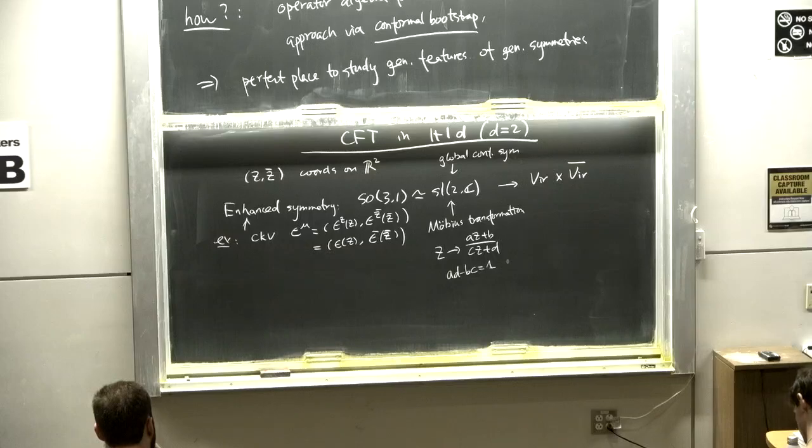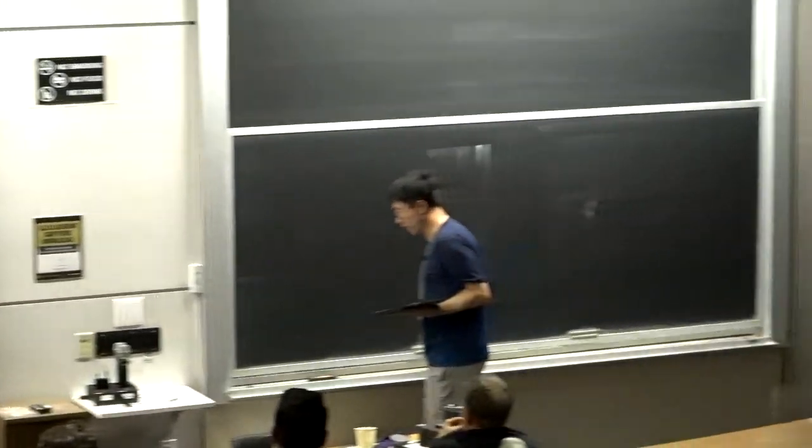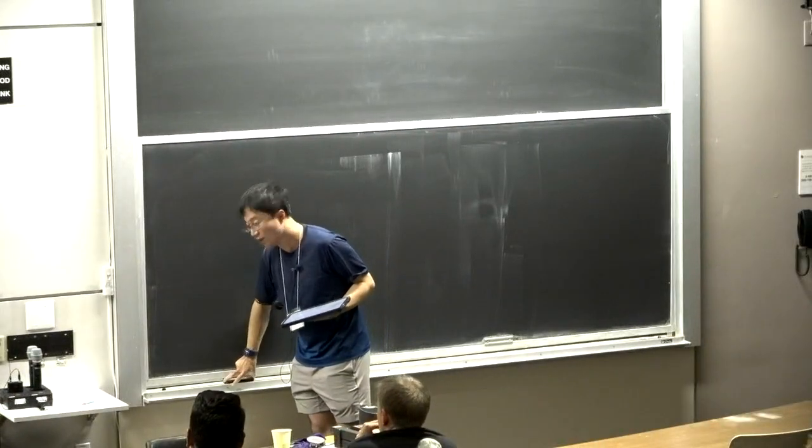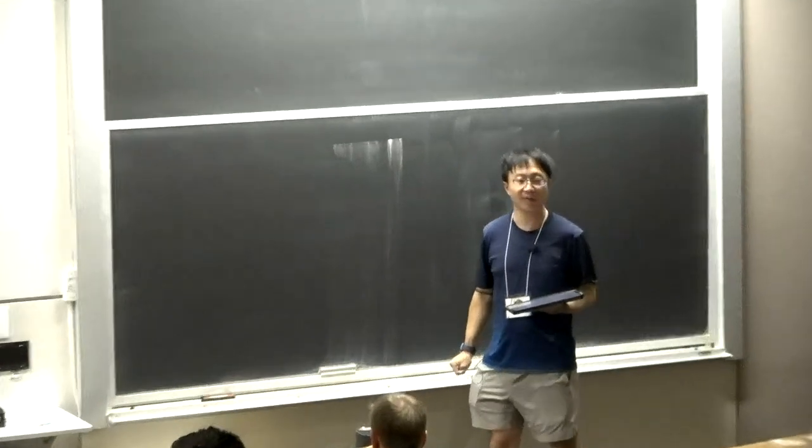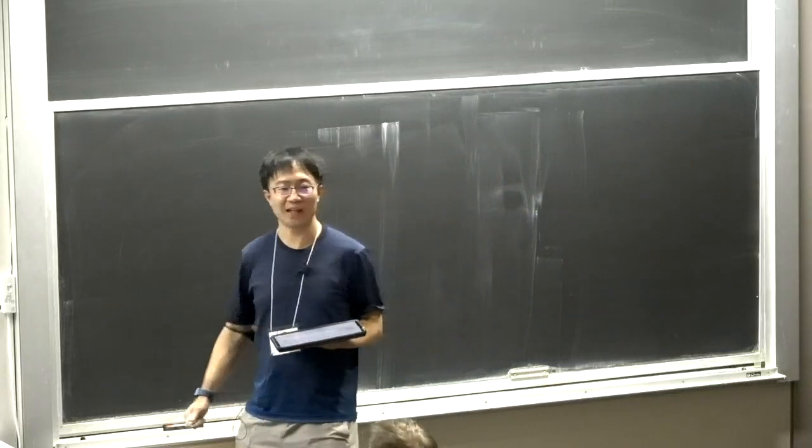So at this point, if you have heard about two-dimensional conformal field theory before, but you haven't studied it in much detail, maybe there's a couple of myths or beliefs that I want to clarify.